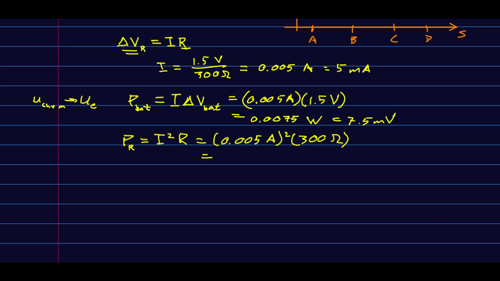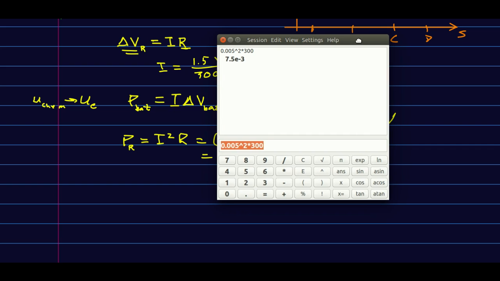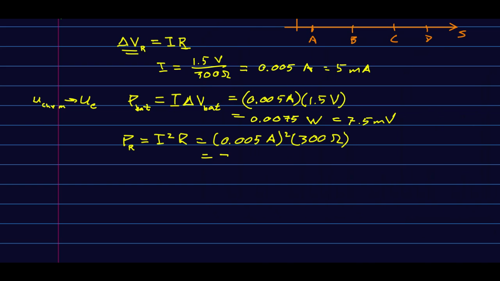And you can go ahead and throw that into a calculator. And lo and behold, it comes out to exactly the same value, 7.5 times 10 to the negative 3 watts, right? That's exactly what we found before.